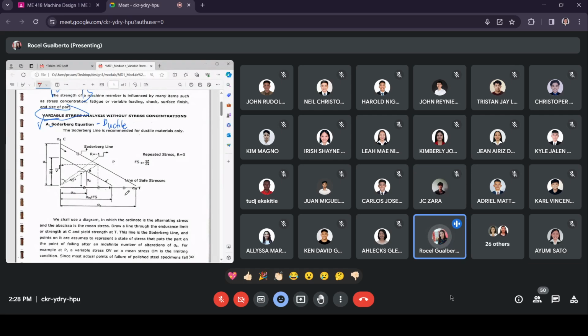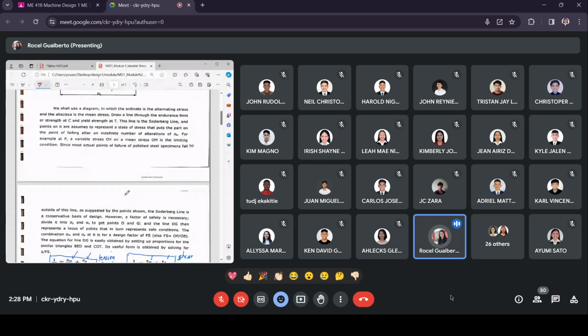So, yung Soderberg equation is known as Mayan, whereas yung Goodman, we use here Muan. So, alin po yung Mayan and alin yung Muan?